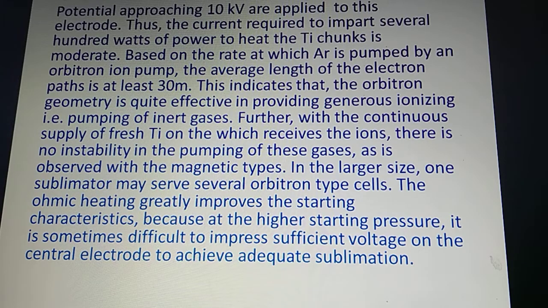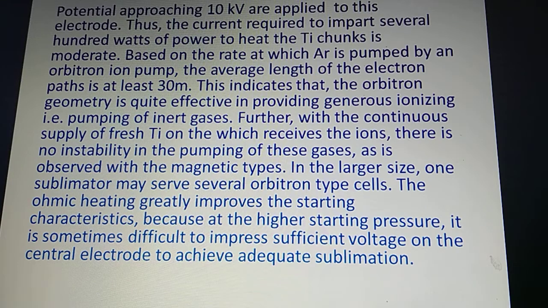The potential approaching up to 10 kilovolt is applied to this electrode. Thus, the current required to impart several hundred watts of power to heat the titanium chunk is moderate. Based on the rate at which argon is pumped by an Arbitron ion pump, the average length of the electron path is at least 30 meters, not minutes.